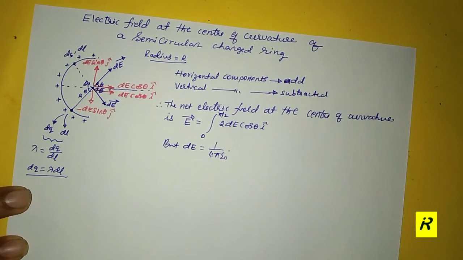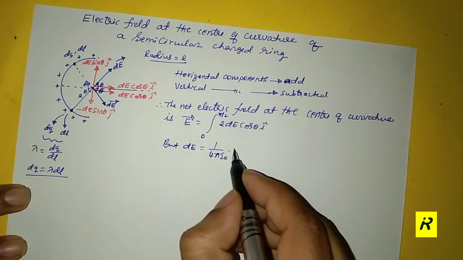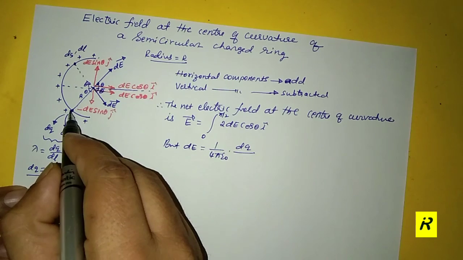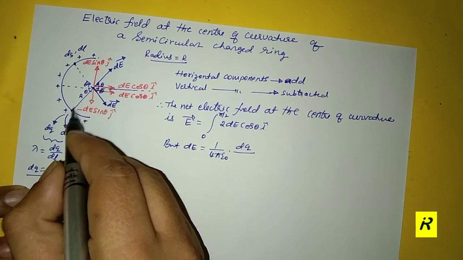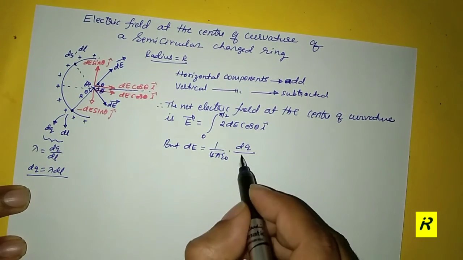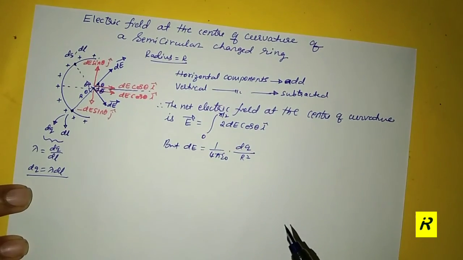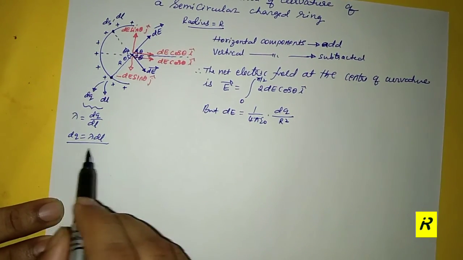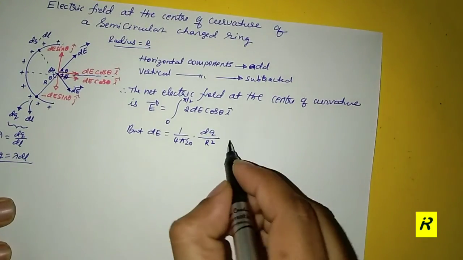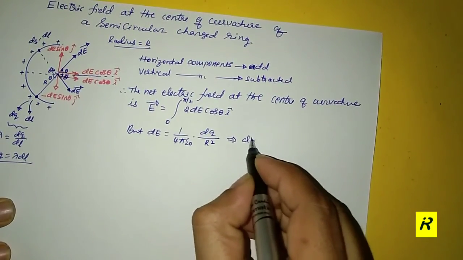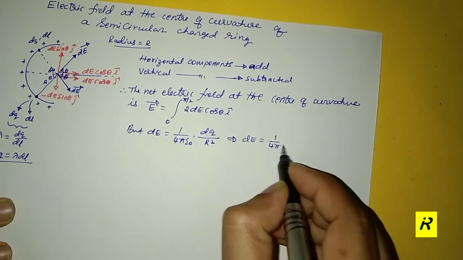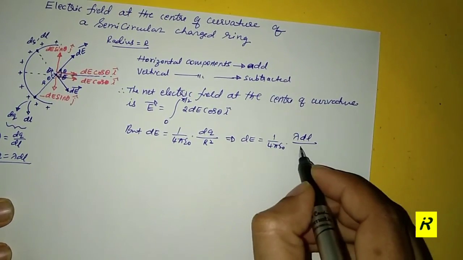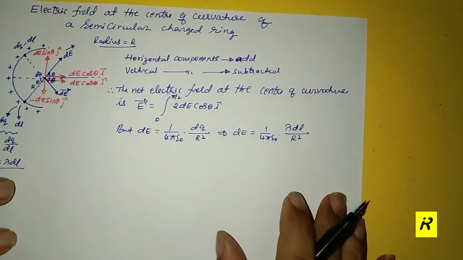By definition of electric field, we can do it into dq divided by the distance from this element of charge to this point, which is r, so should be taken r square. But what can I replace for dq? dq is lambda into dl. So that means what I can write further is dE is equal to 1 divided by 4 pi epsilon naught, lambda into dl divided by r square. This is what I can do.